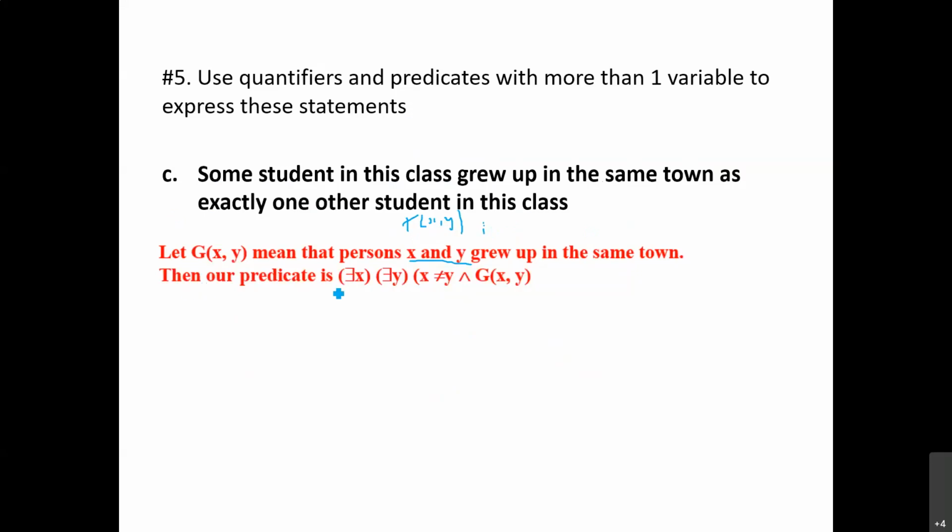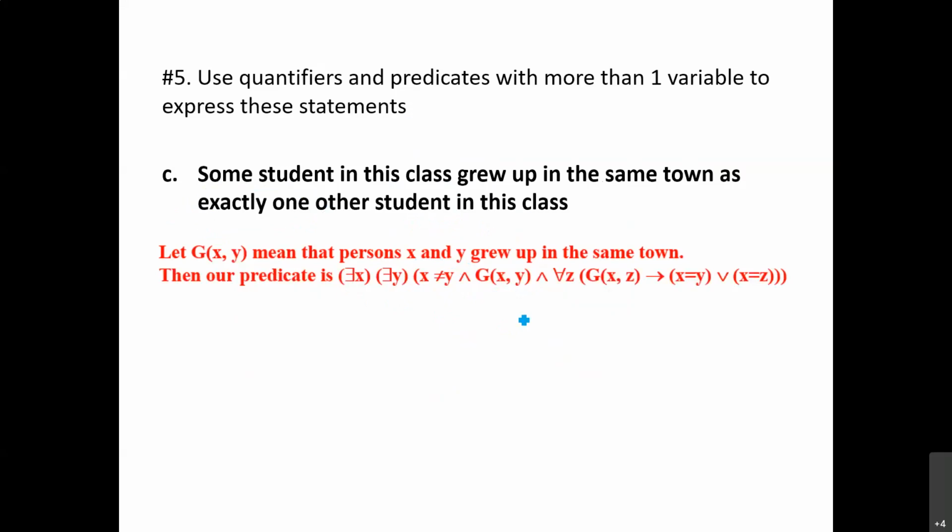Then our predicate is there exists x, there exists y, x is different than y, and G(x,y). So there's a person, and there's another person. They're not the same person, and they live together in the same town. So we took care of everything except the exactly one.